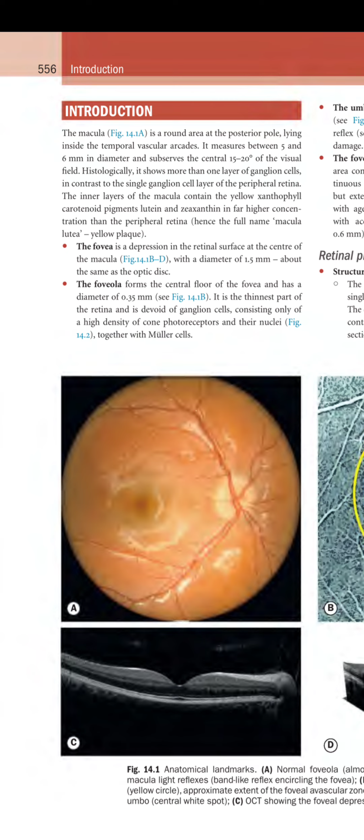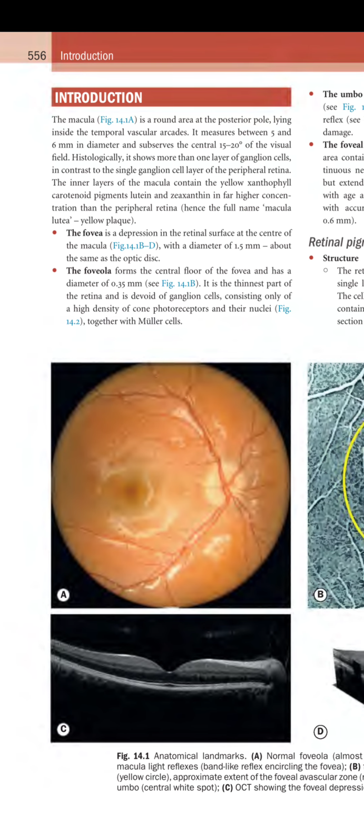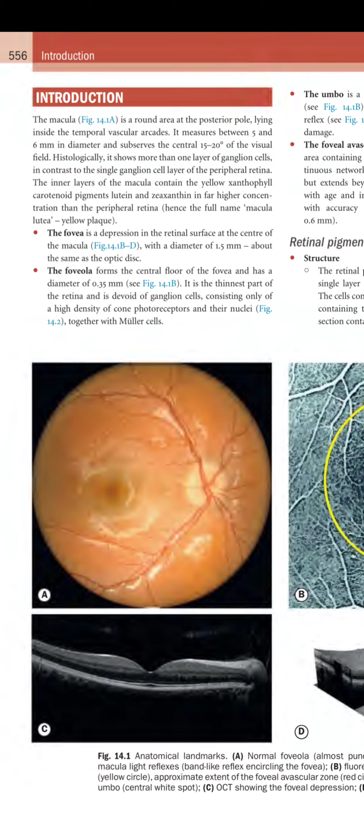So basically, the macula contains more than one layer of ganglion cells, and the inner layer contains the yellow xanthophyll pigment, and that is why it is known as macula lutea.